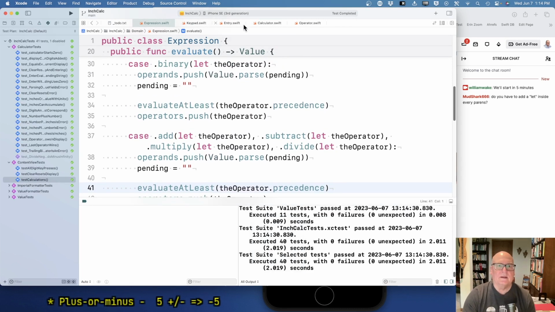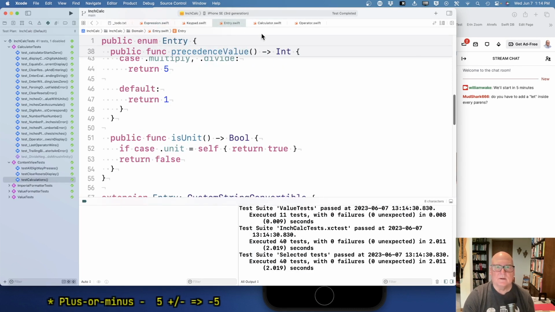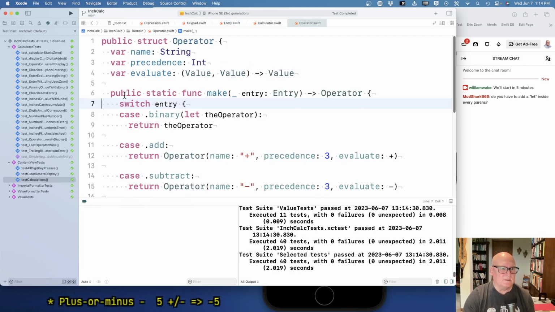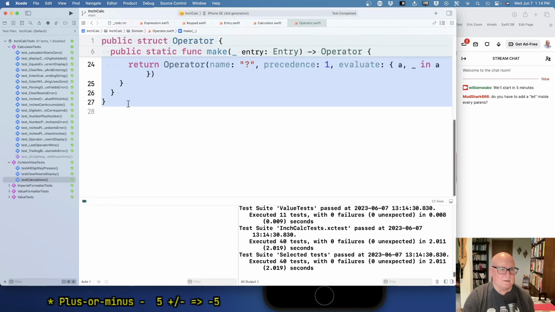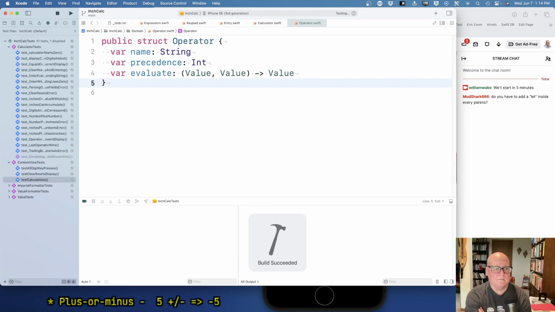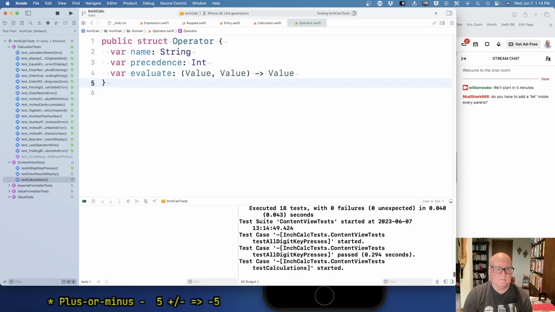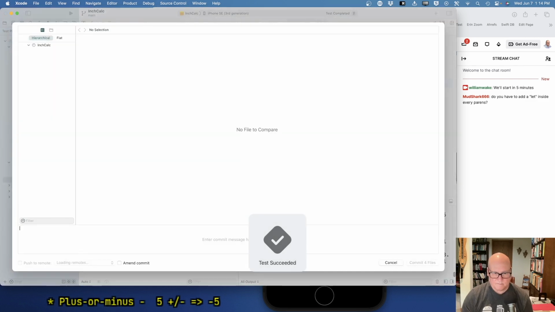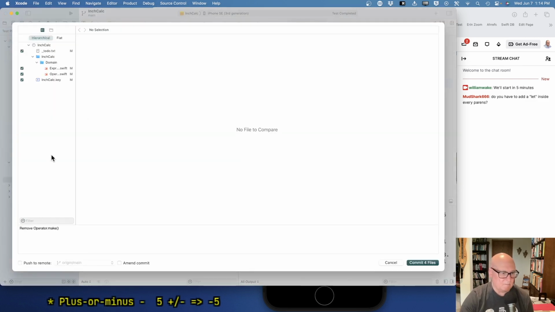Great. Okay. Now, operator make is no longer used. All right, so that's at least a step towards what we wanted.